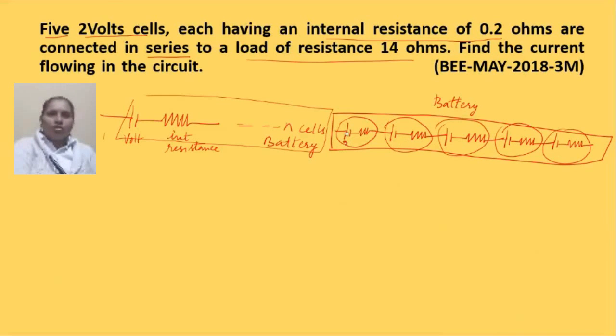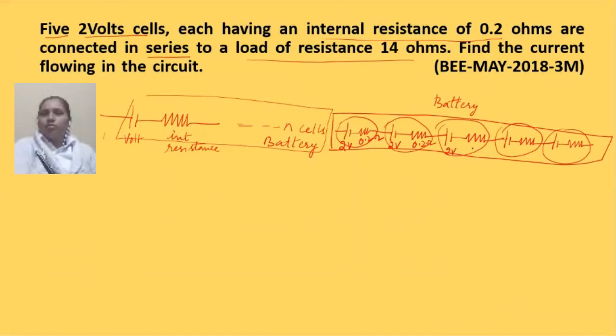What is this voltage? It is 2 volts. What is this resistance? It is given as 0.2 ohms. So each cell is 2 volts, 0.2 ohm.